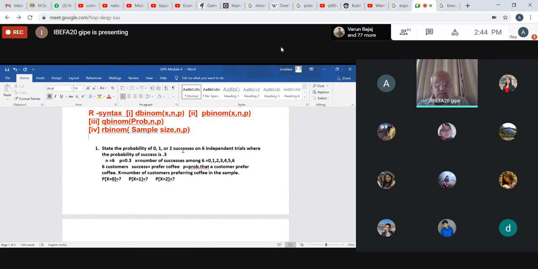Clear now? Yes, sir. So the question asks: evaluate the probability for 0, evaluate the probability for 1, evaluate the probability of 2 in the sample. I have written it.